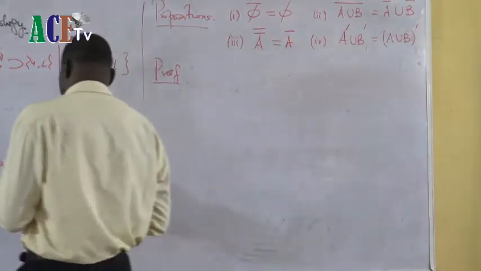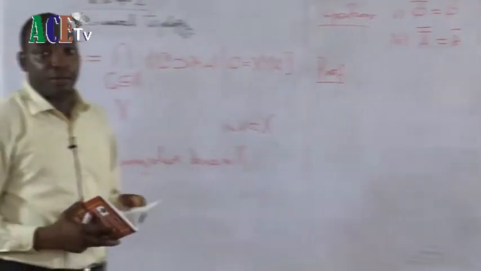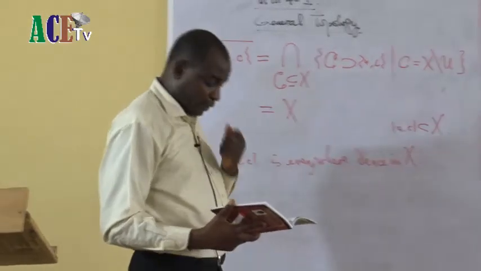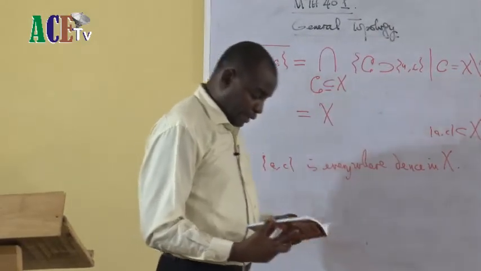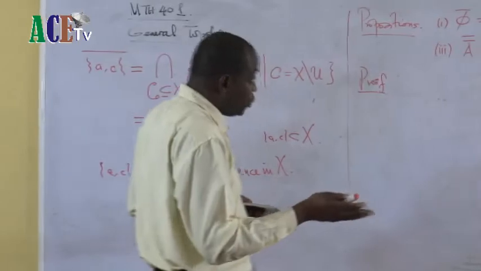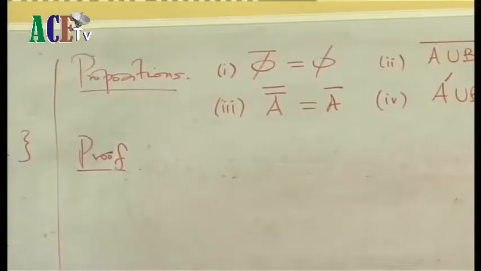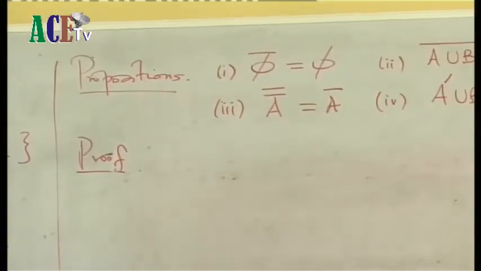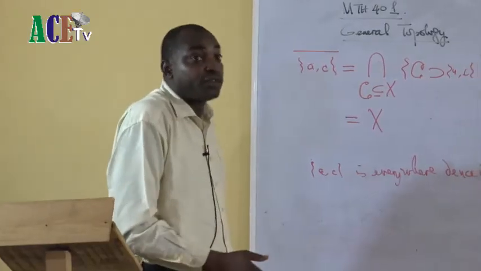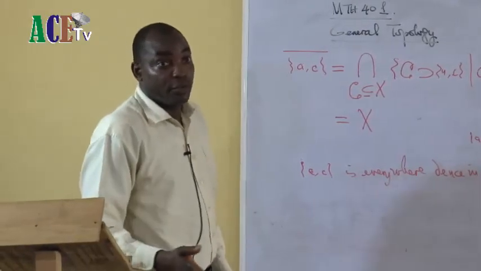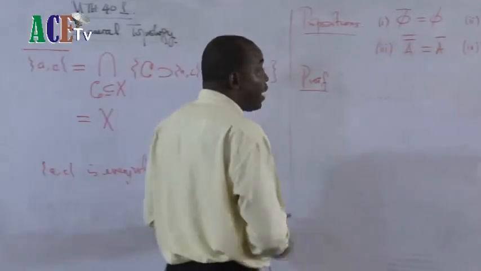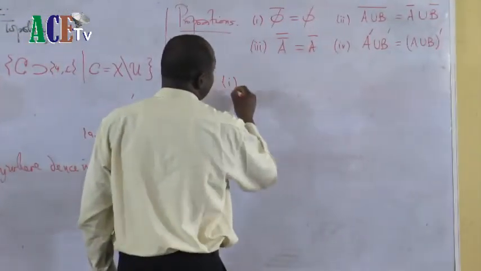How do we bring about the proof of this proposition? Now, of course, as already said, an empty set is both closed and open. So the argument of number 1 is very trivial.